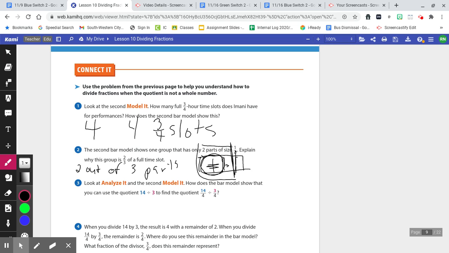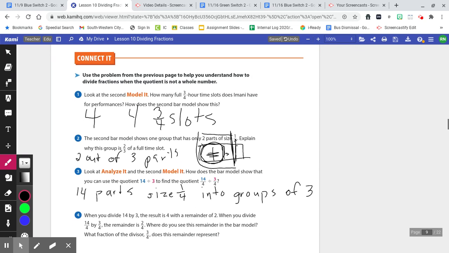So 14 parts with a size of 1/4 into groups of 3, because we need 3/4. Again, if I have the common denominator, I can divide across.